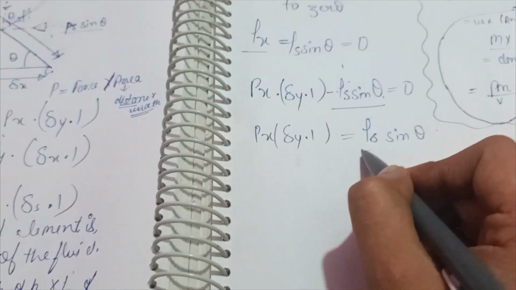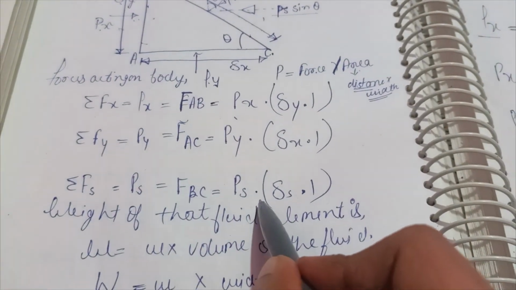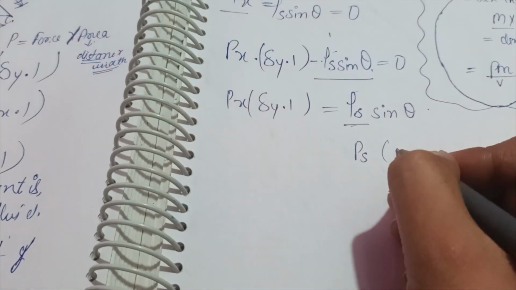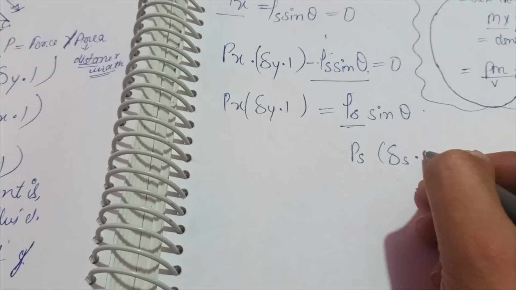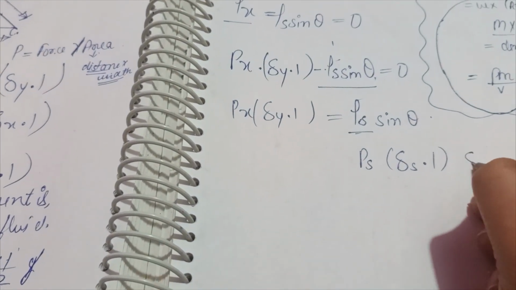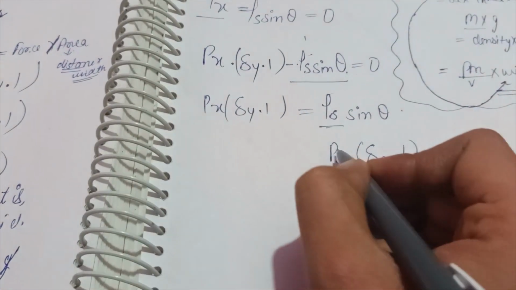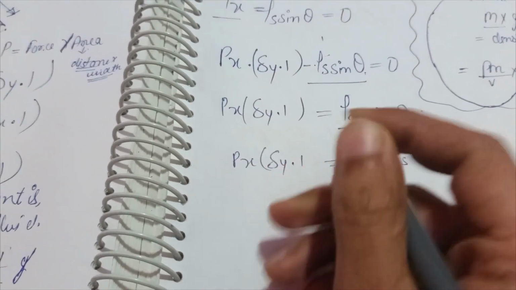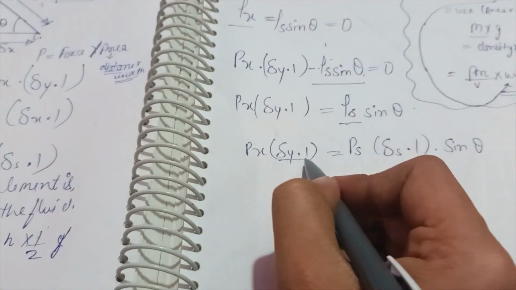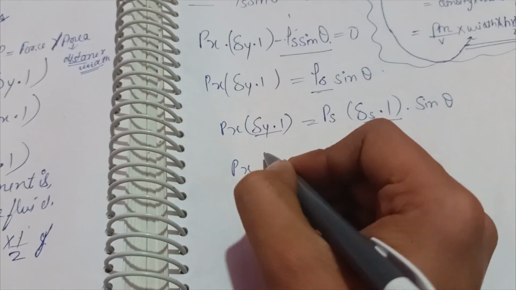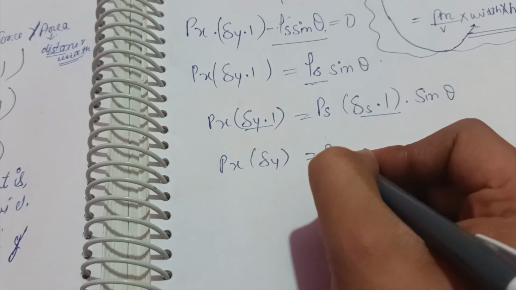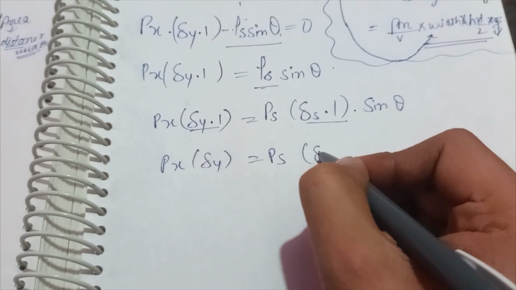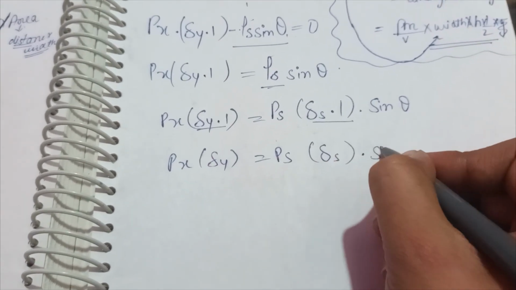Now we know Ps is Ps times delta s into width 1, and sin theta equals Px delta y times 1. Let's multiply them: Px delta y equals Ps delta s sin theta.